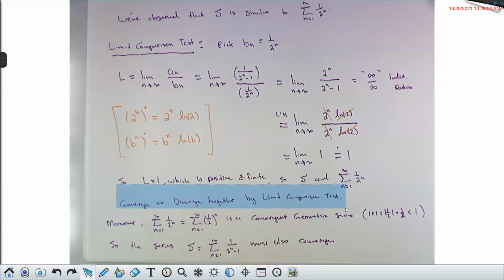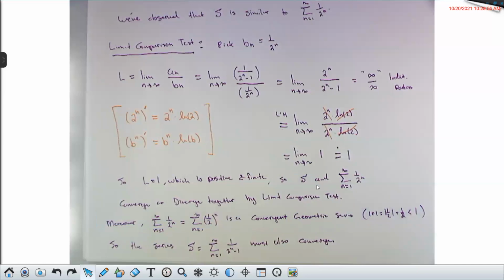In order to finish the problem and say whether S converges or diverges, I need to tell you what sigma bn does. So we go on to say, moreover, the series I'm comparing with, sigma 1 over 2 to the n, is a convergent geometric series. Why is it convergent? Because the common ratio has absolute value less than 1.